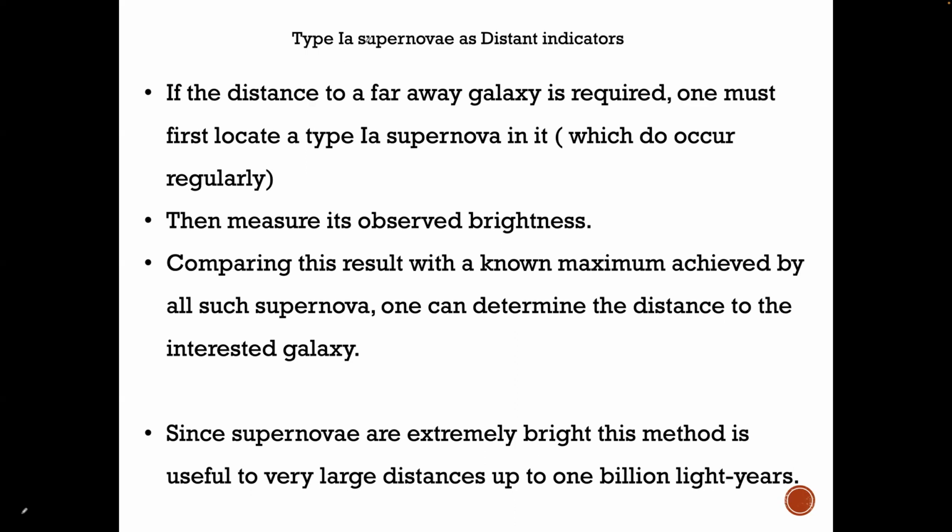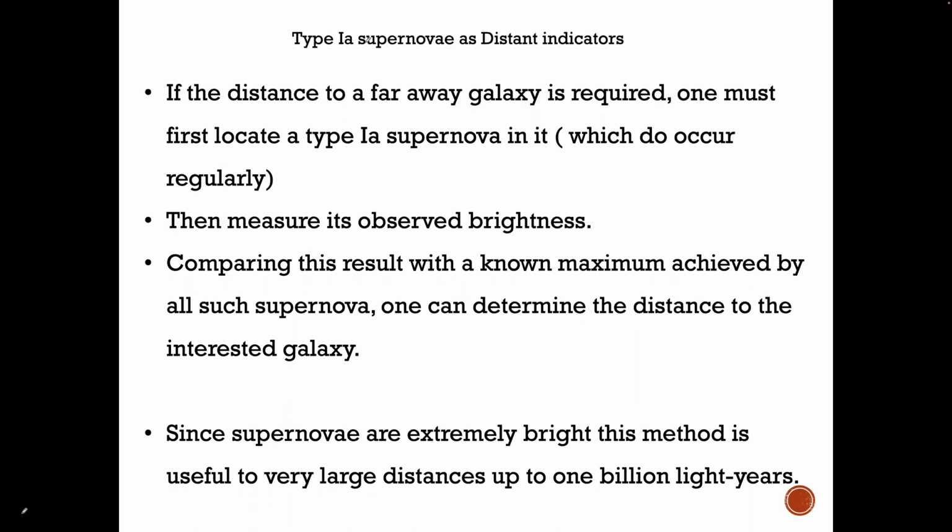However, in that case, the supernova explosion, especially type 1A, will be a good way of measuring the distances very accurately. The reason is that astronomers have found that when there is a type 1A supernova, the peak luminosity of the supernova has a certain value in the laboratory frame, right?